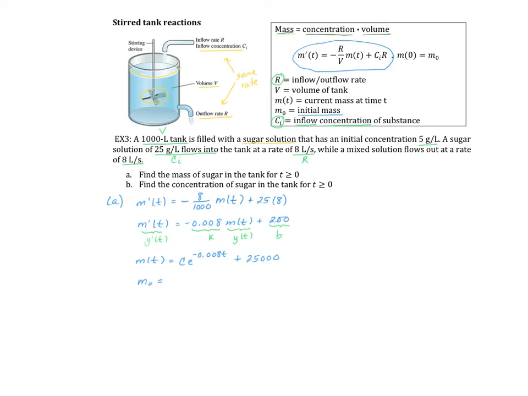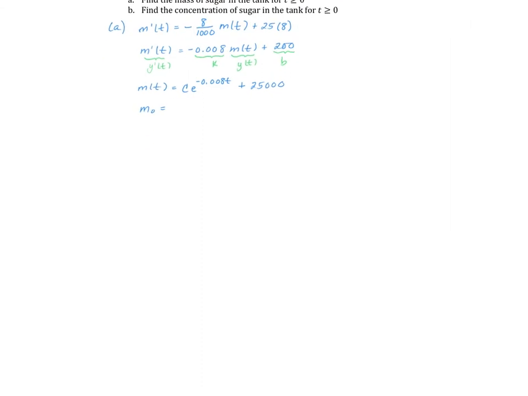And our initial concentration is the 5 grams per liter. So the initial amount of sugar in this tank is going to be the initial concentration of 5 times the volume, which was 1,000. So our initial mass is 5 times 1,000, or 5,000.